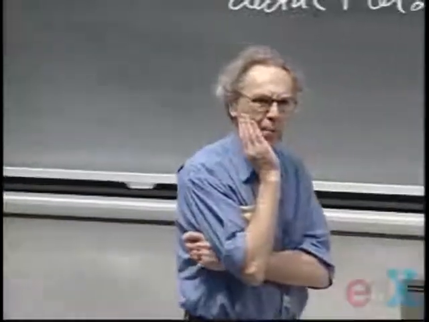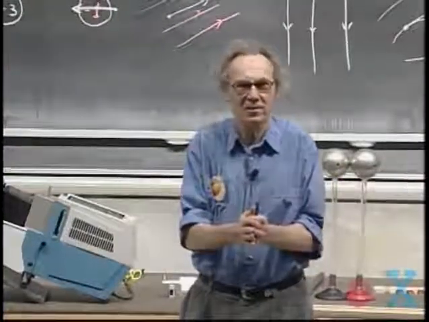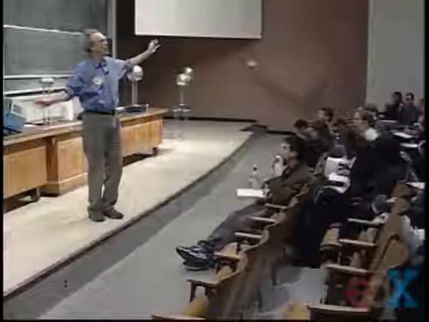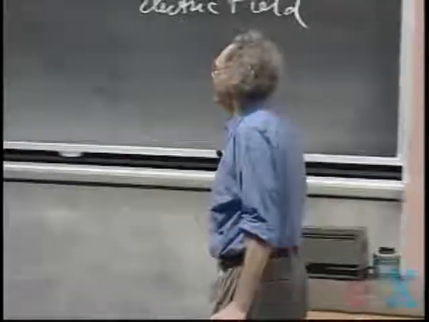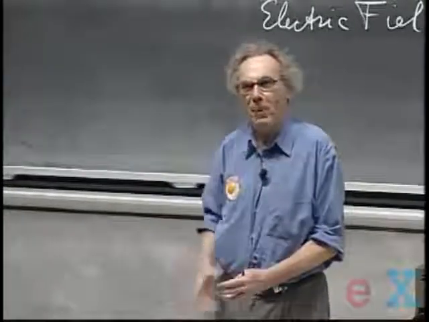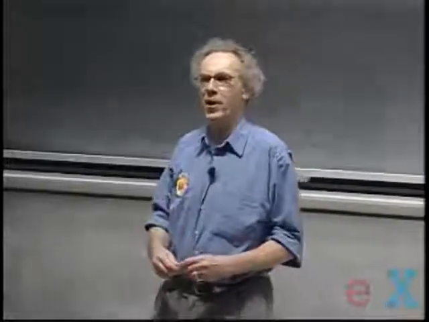Before we had a +3 and a -1, and when you're far away, the +3 wins. So it's like having a +2 charge. If you're far away, you always expect the electric field then to be pointing away from the equivalent charge of +2. But if you add up plus and minus and they have equal magnitude, let's say +1 and -1, you get 0. So neither one wins if you're far away.